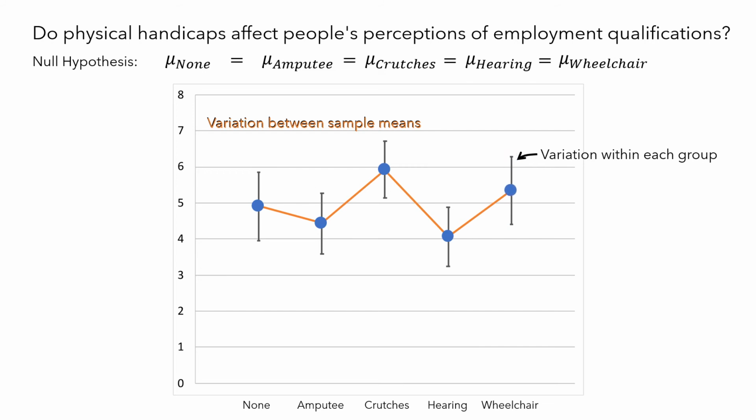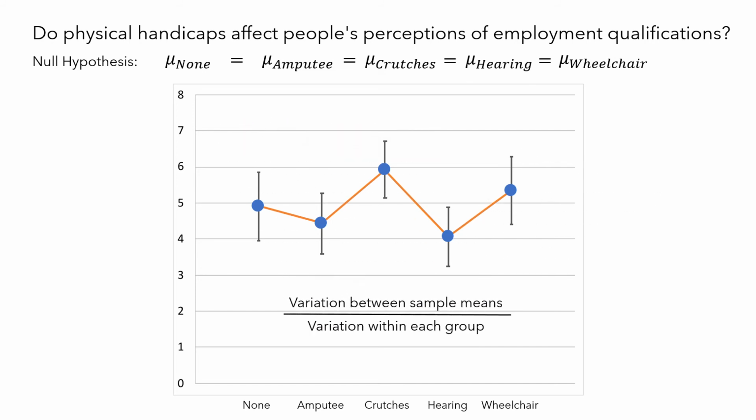And what we've done is to compare these 2 types of variation. That is, we looked at the ratio of the variation between the means to the variation within each group. And when this ratio is large, it is evidence that the population means are not all equal.